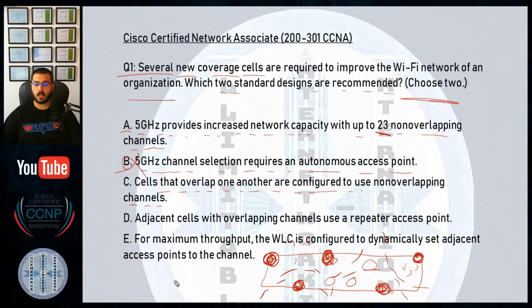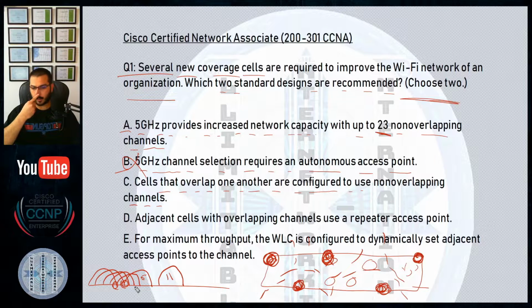Yes, because you have channel number 1 that starts from this frequency to this one, and channel number 2, 3, 4, and 5. Channel number 6 starts from this point, where channel number 1 ends. So channel number 1 does overlap with channel number 2, 3, 4, and 5, but does not overlap with channel number 6. And if you complete the same way, you will notice that channel number 11 does not overlap with channel number 6.